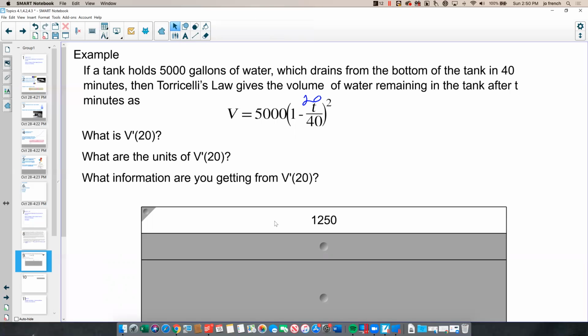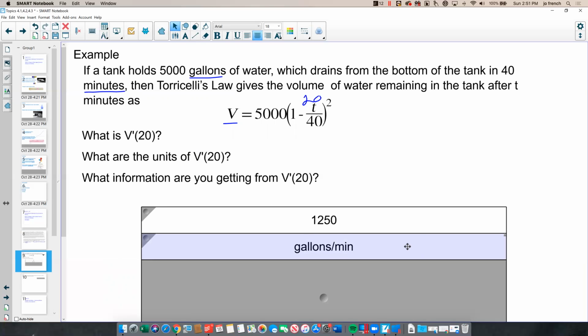The units of V prime of 20, well, the units of the output volume is going to be gallons, right? Volume is gallons. And then our input was minutes. So our units are going to be gallons per minute.